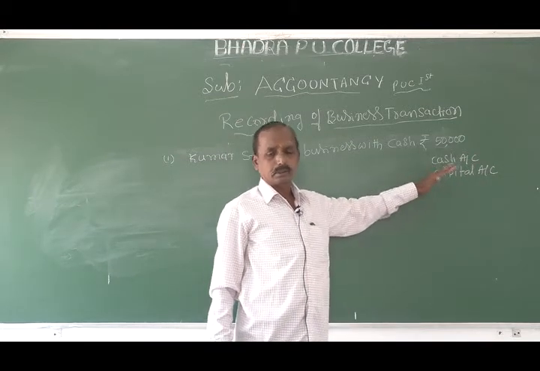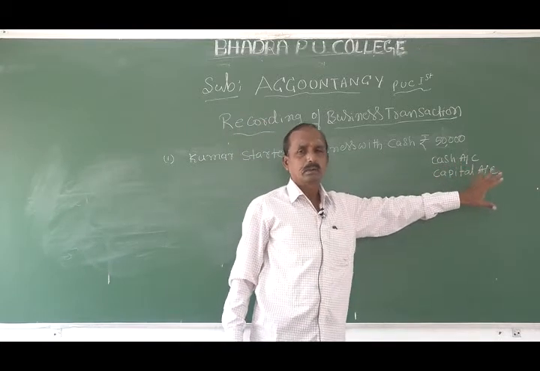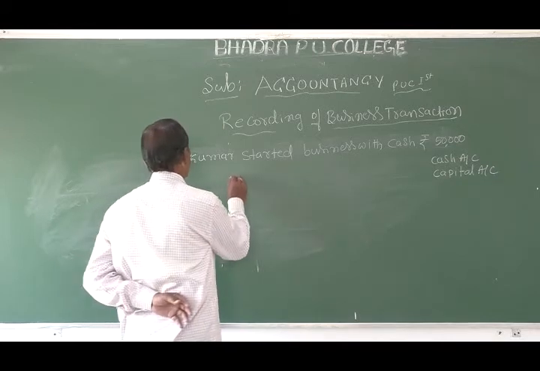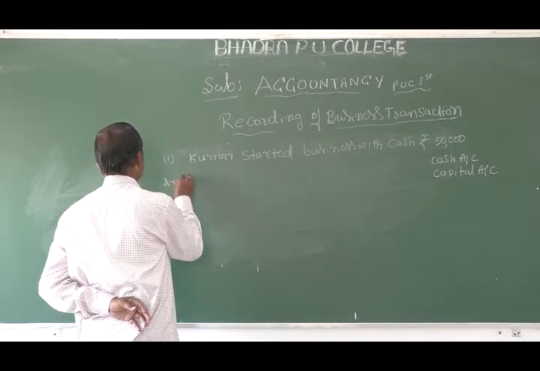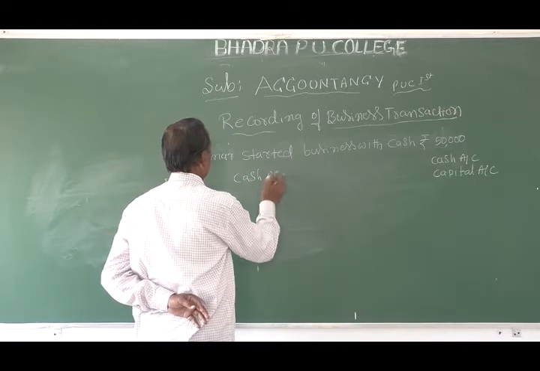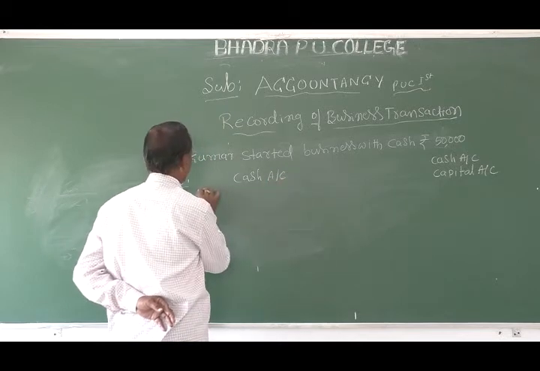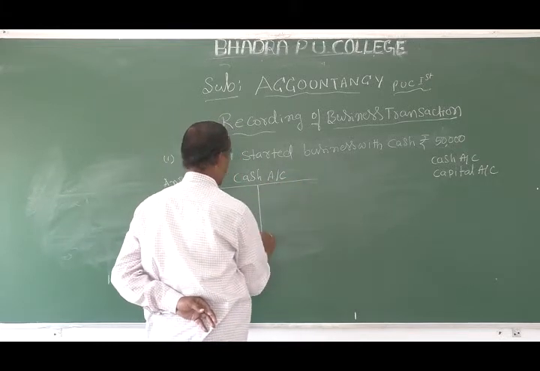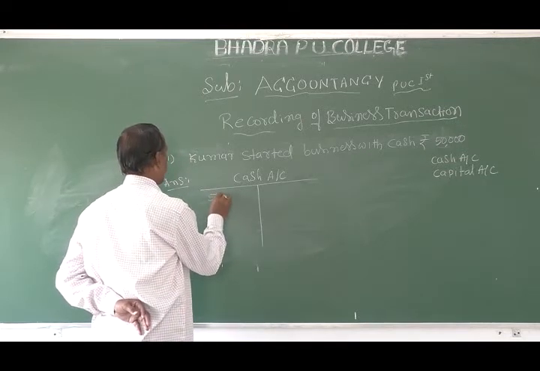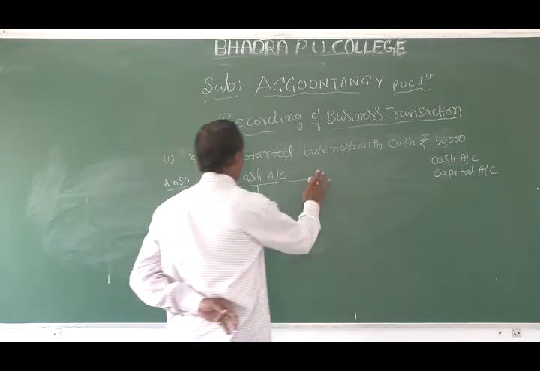Which one is debit and which one is credit according to the American system of accounting? Cash account: debit rupees 50,000.